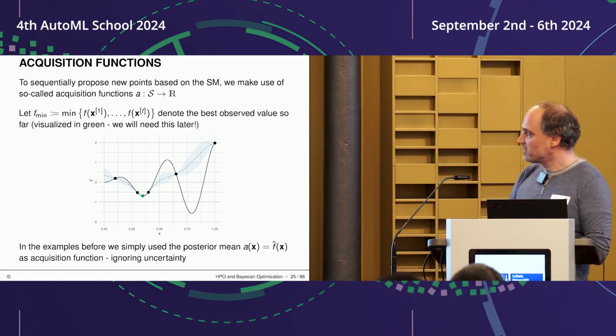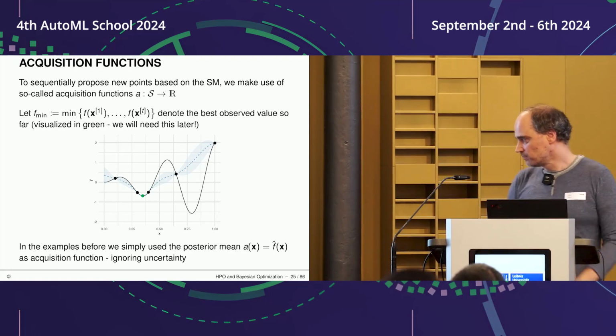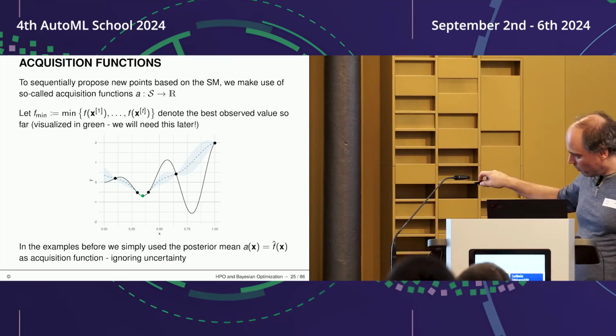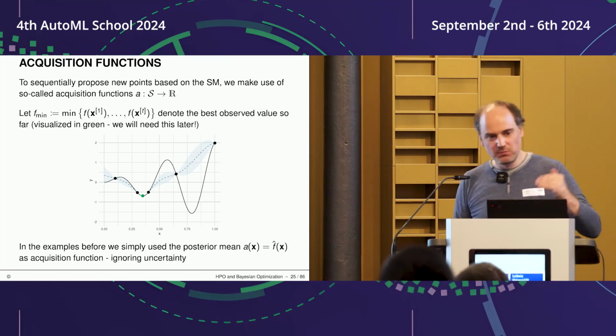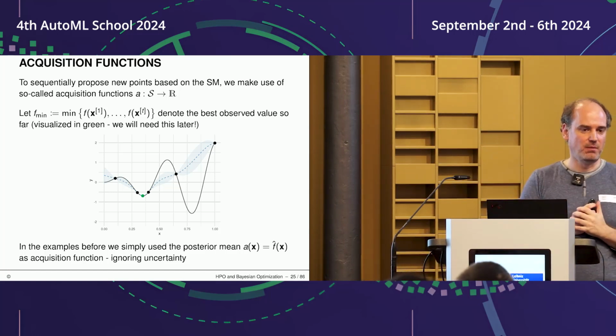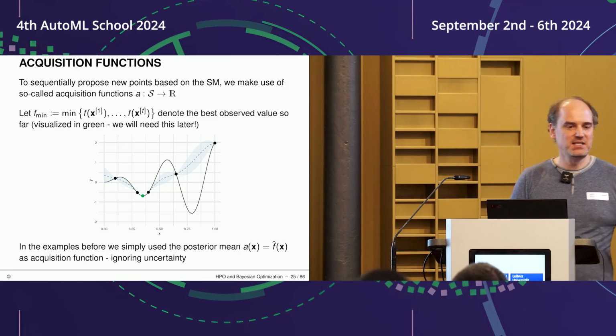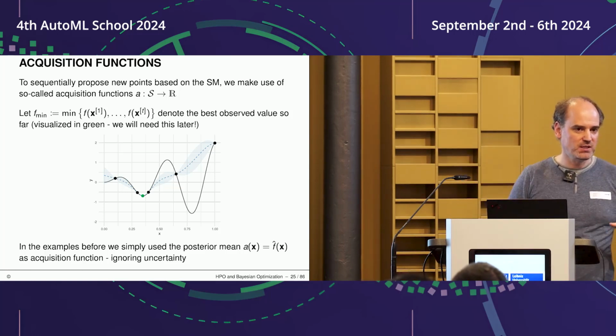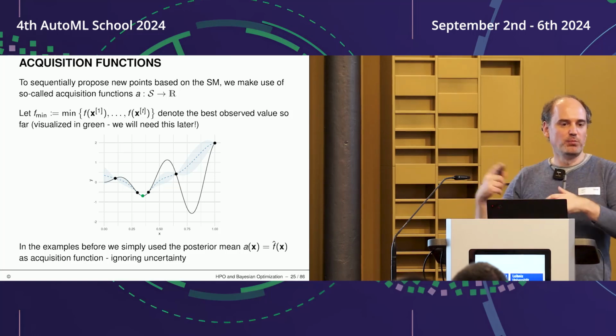What I want to construct now is something in between the model and the propose-a-point component of BO. I want to call it an acquisition function, which is just a fancy name for a function that lives on our search space, and I optimize it to propose my new point.